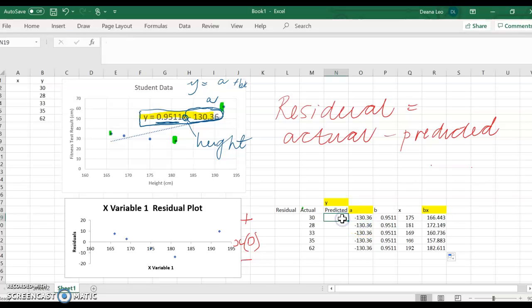Now we go over here and our predicted is y, which is this, equals the a plus the bx. So it's equals our a plus our bx. So we're getting a prediction here and we can drag that down. Okay, so y equals a plus bx.